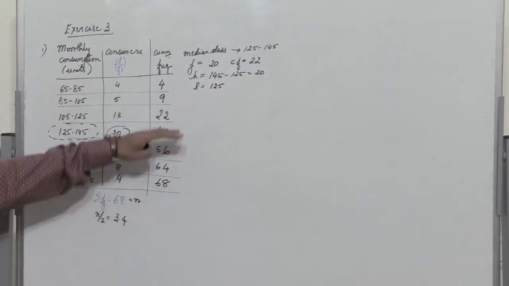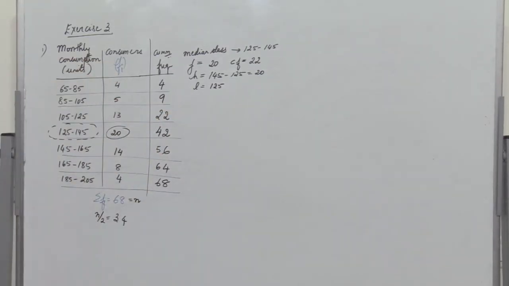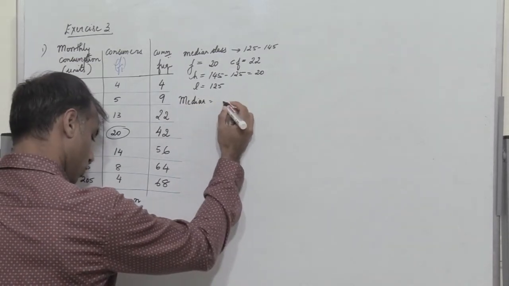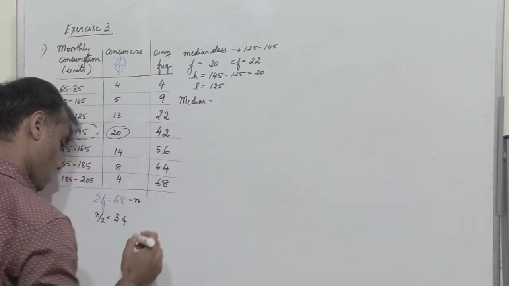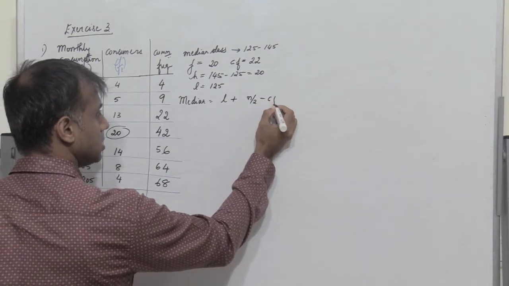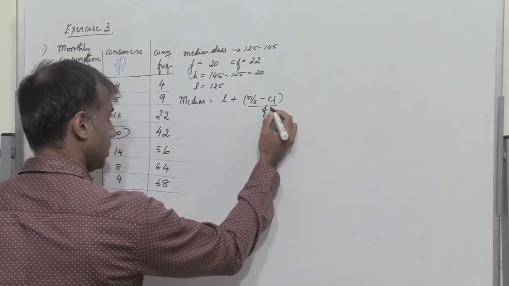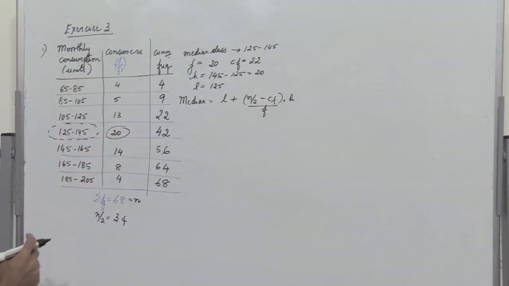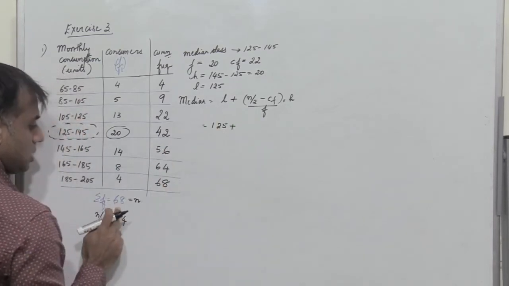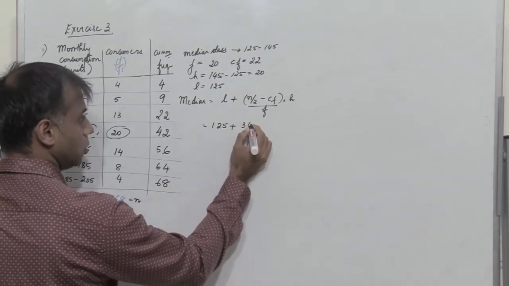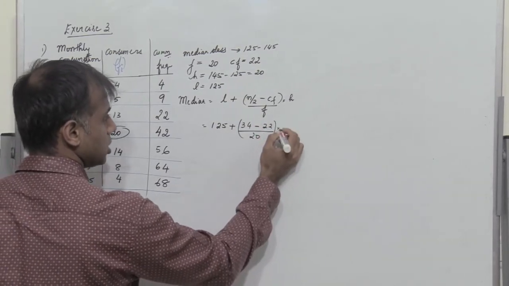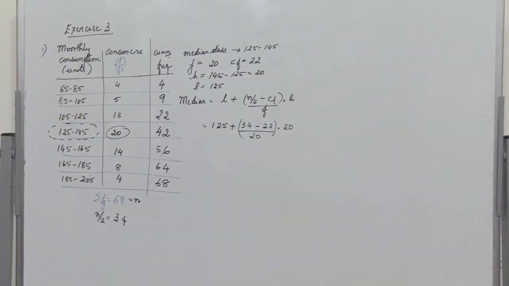With all these values known, we can calculate the median. The formula is L plus n by 2 minus CF divided by f into h. So this is the formula. Let me substitute the values. I have 125 plus 68 by 2, which is 34, minus CF which is 22, divided by f which is 20, into h which is 20.